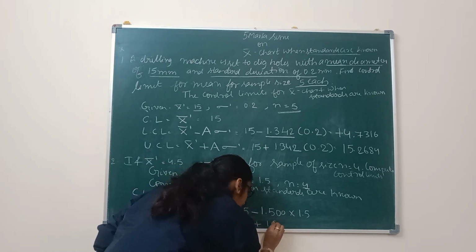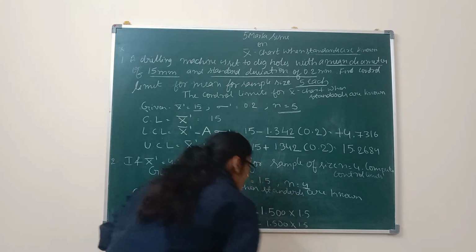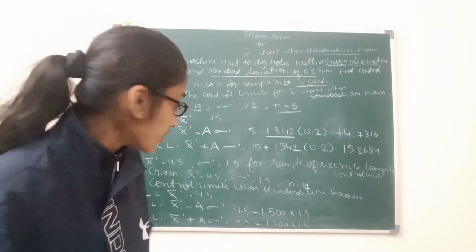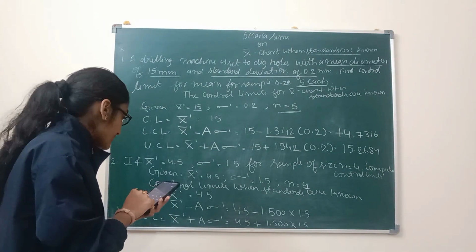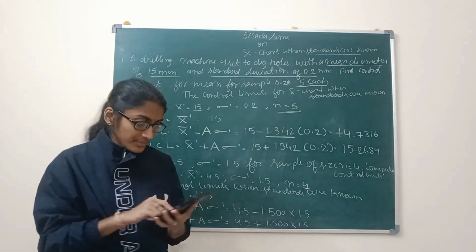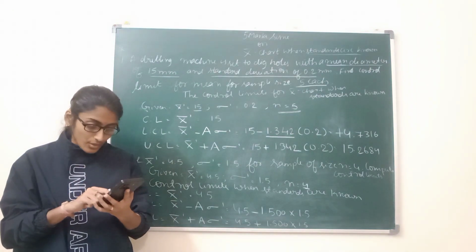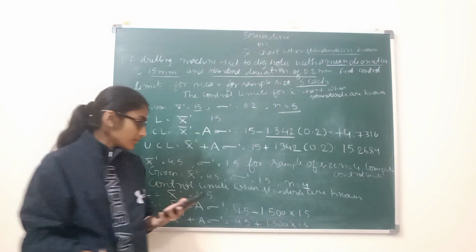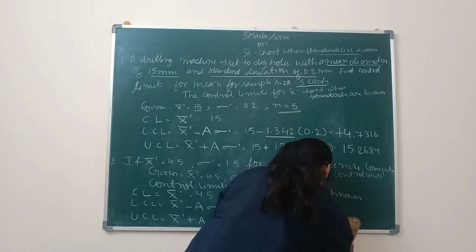UCL is 4.5 plus 1.500 into 1.5. Now take your calculators and solve. For LCL, 4.5 minus 1.500 into 1.5, we will get the answer as 2.25.